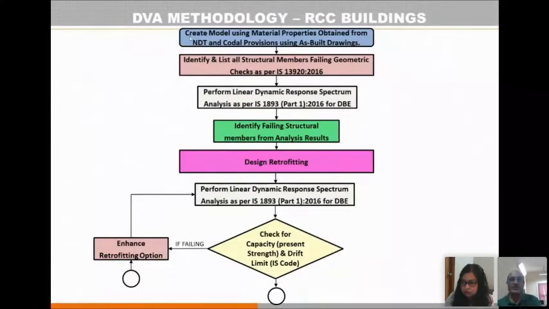In this, you have to identify the geometrical and material properties, identify and list all the member geometry, then perform the linear dynamic response spectrum analysis as per the code, then identify the deficient members, then incorporate the retrofitting strategy you are perceiving, retrofit that particular element, reanalyze the building, and again perform linear dynamic response spectrum analysis as per the codal provisions.